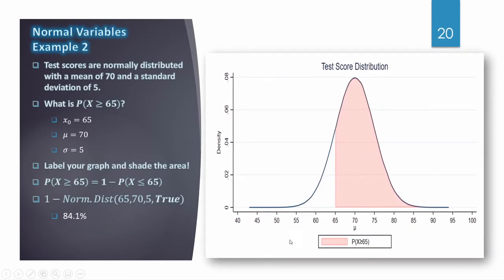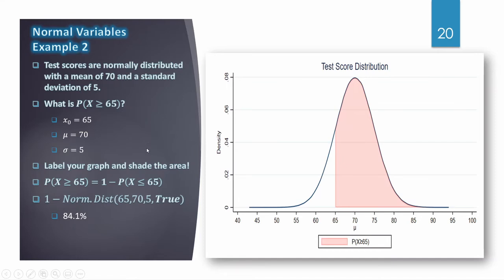Similarly, we're going to try and calculate the probability that somebody scores at least a 65%. Now, recognize that our norm.dist function is defaulted to calculate the area to the left of a point. That is the probability that we would observe a test score less than or equal to 65.